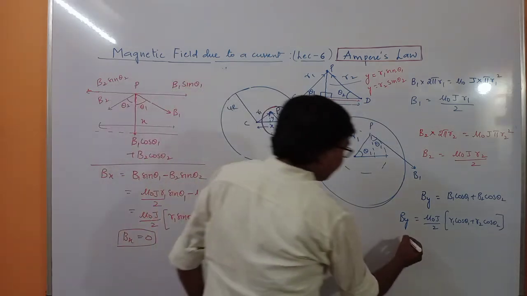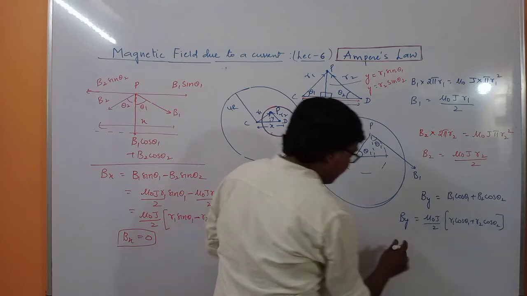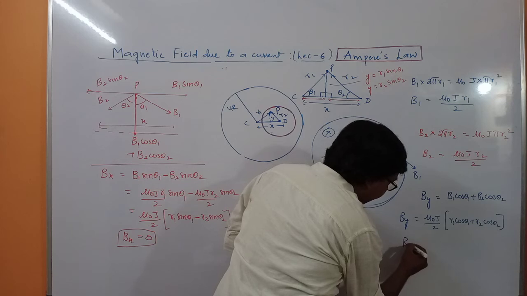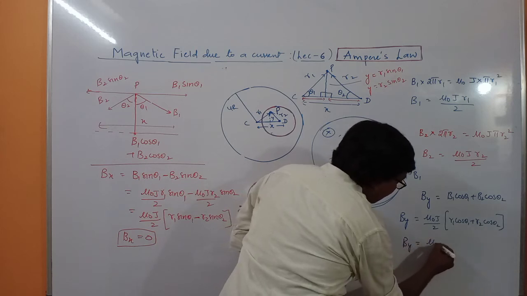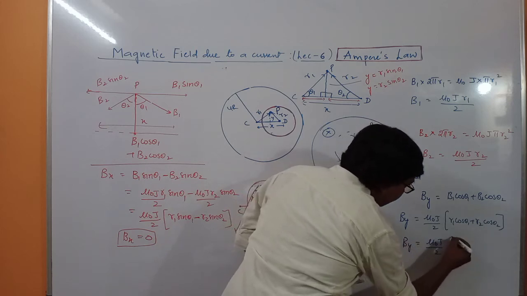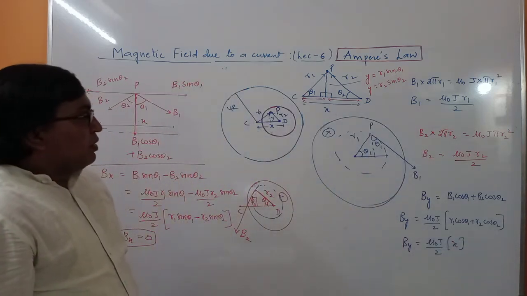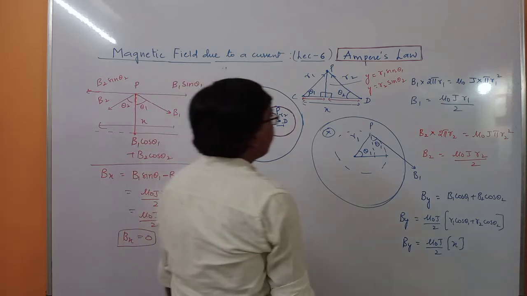So the magnetic field along this direction will be equal to mu naught J by 2 into x. That is the magnetic field.